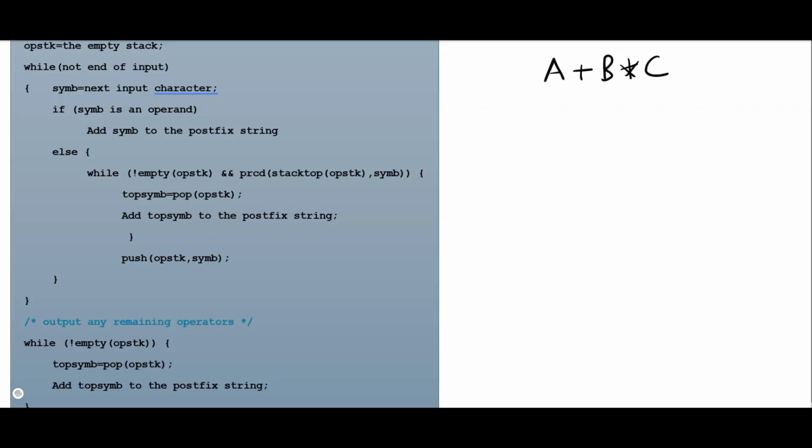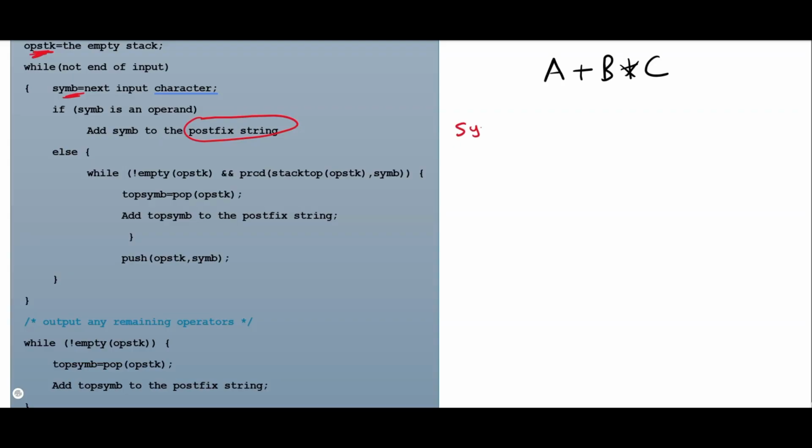So how does this algorithm work? Now we'll discuss that. In this algorithm, we have a stack, we have a symbol, and we have a postfix string. Because of that, I'm drawing a table for them, so we can easily follow the steps in this algorithm while I'm tracing it.